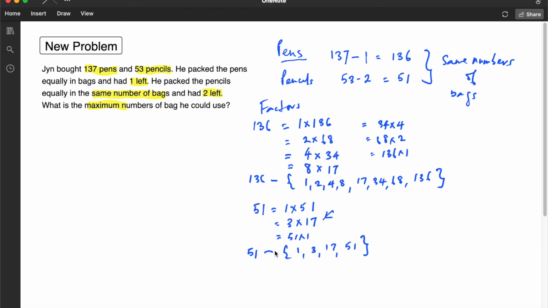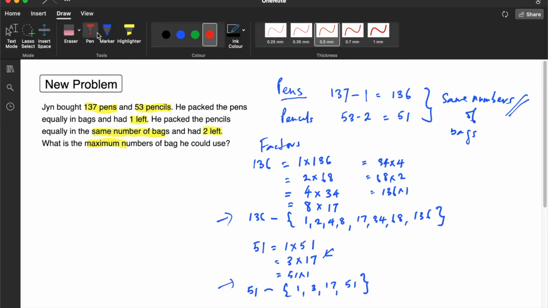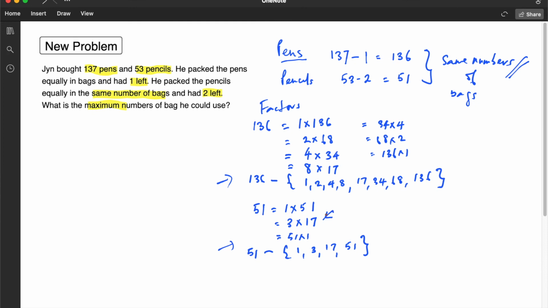Since we are going to pack the 136 pens and 51 pencils in the same number of bags, we have to find the common factors between these two lists. We can see here that there are actually two numbers that are common between the two lists of factors.